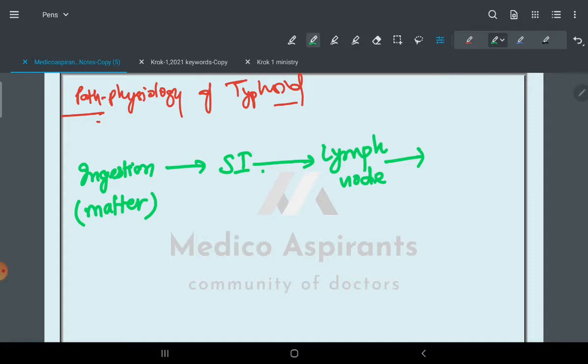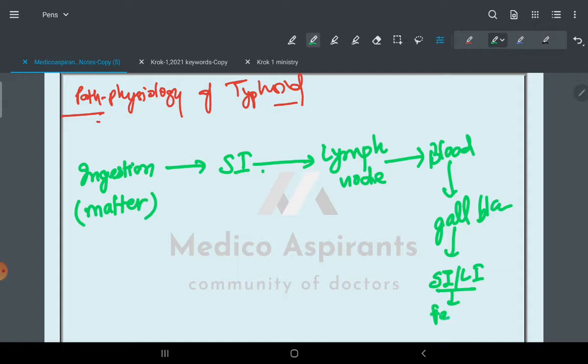I mean, it goes from lymph, then the next stage is blood. Then the next one, it goes to the gallbladder, lymph tissue of the bowel. And then again it comes to the small intestine, large intestine, then stool.